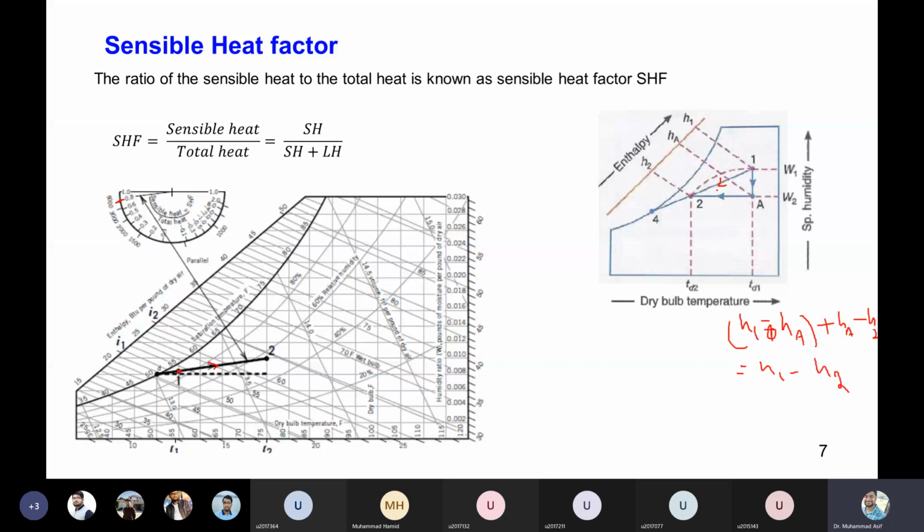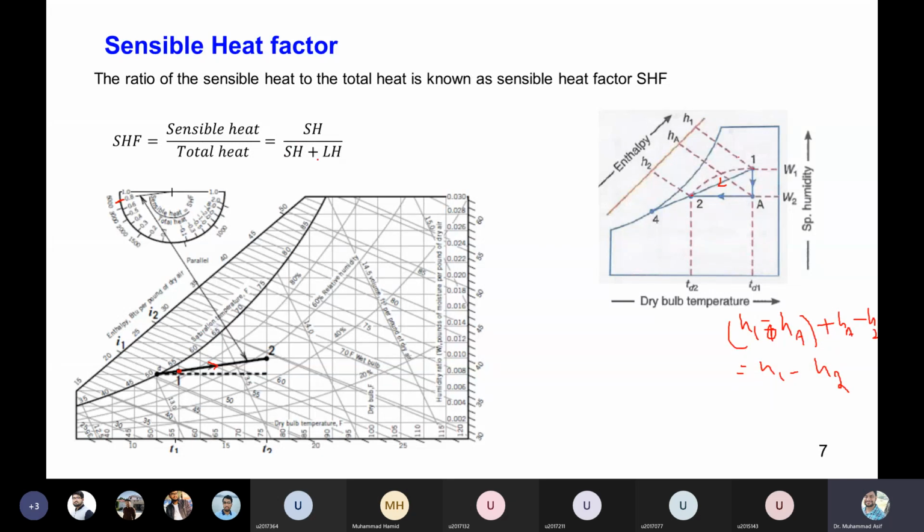You can see here, we can get the same value if we draw a line parallel to this one. This will give you the value of the sensible heat factor. Now the sensible heat factor can be positive, it can be negative, right? That depends on the value of the denominator.